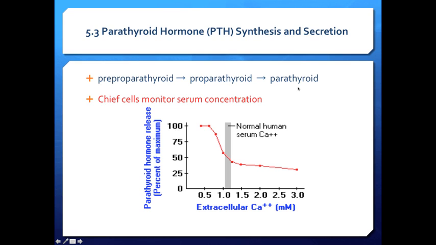We also know that low concentrations of calcium in blood will release the majority of the PTH in this gland. However, there are some sensors in the chief cells within the parathyroid gland that can sense differences in concentration of calcium in blood, and that could also trigger its secretion.